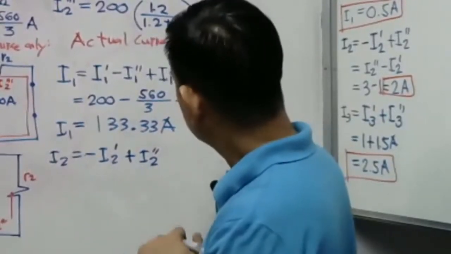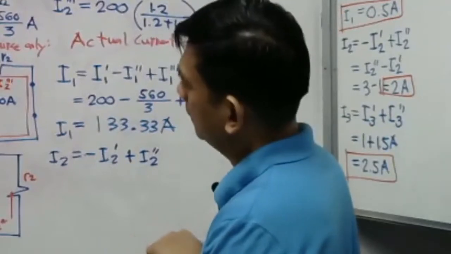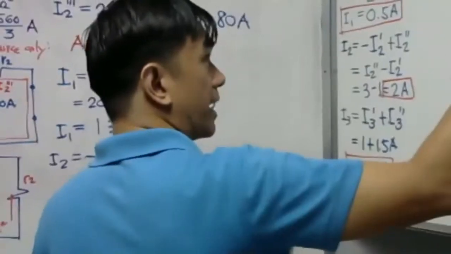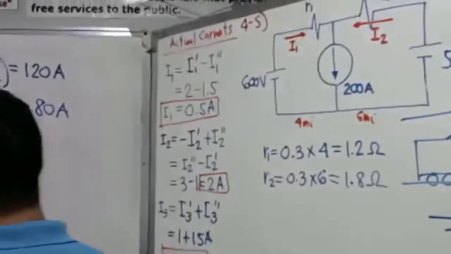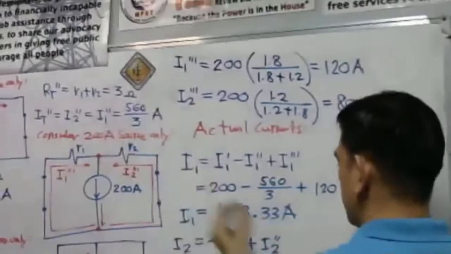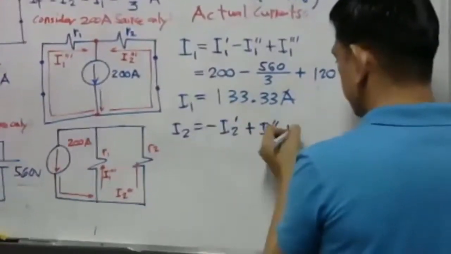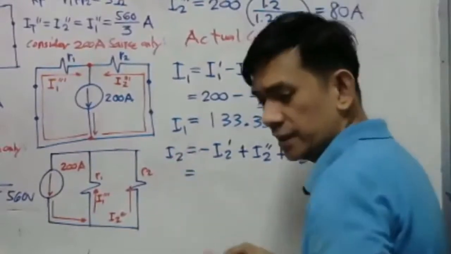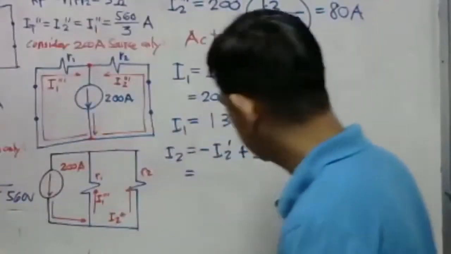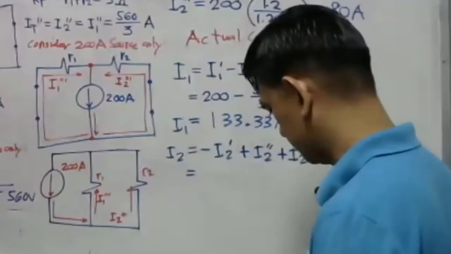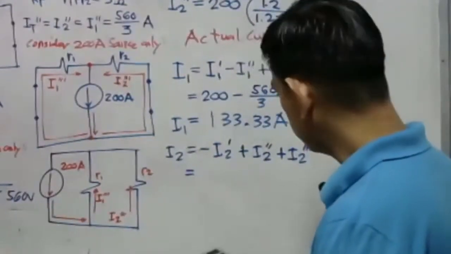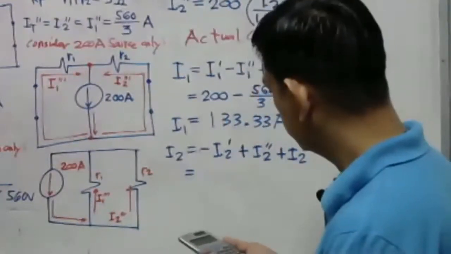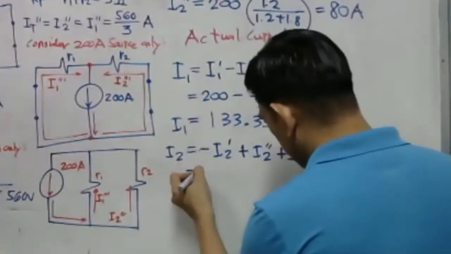What about the triple prime? Originally, again, the I2 prime is going to the left, and then the triple prime is also to the left. So therefore, that should be plus I2 triple prime. So that will be equal to negative I2 prime. I2 prime is 200, lagay natin yung value.